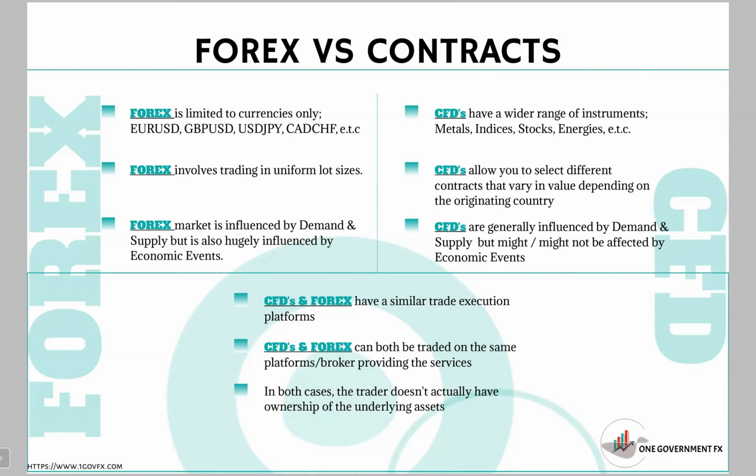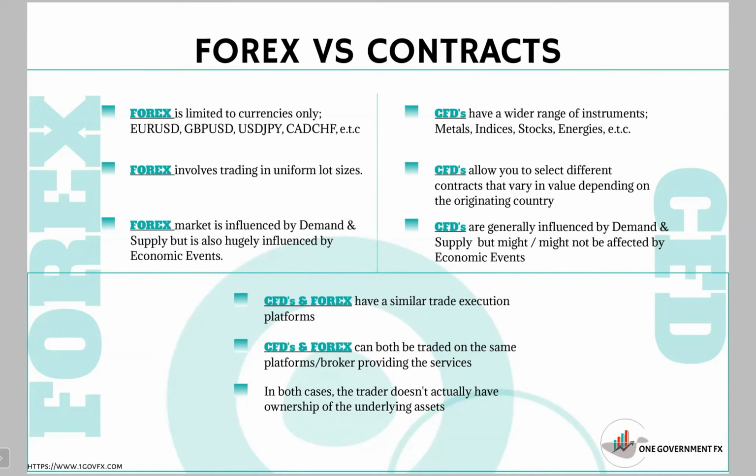All of them are paired as a country's currency versus another country's currency. Those are all Forex. But CFDs have a wider range of instruments: metals, indices, stocks, energies, and so on. You could see trading gold or silver or the Dow Jones Index, Nasdaq, and a lot of things. Tesla shares, Apple shares, Samsung, all of them are CFDs. So you have a wider range of instruments to trade from on the CFD side.